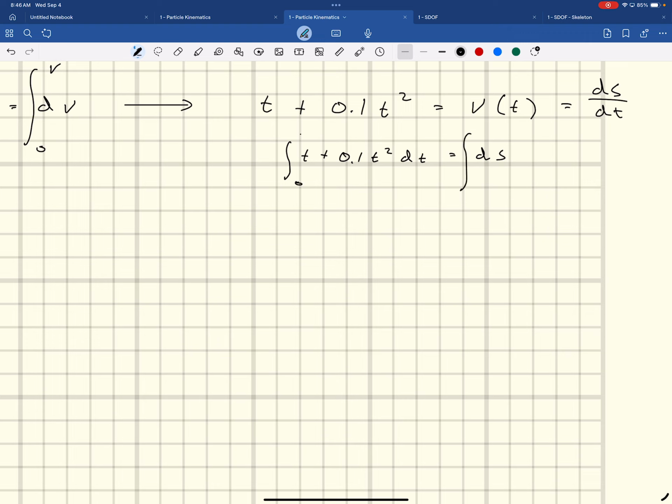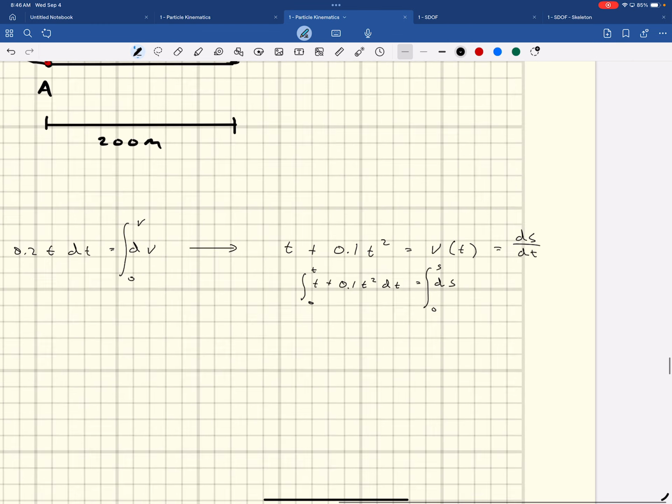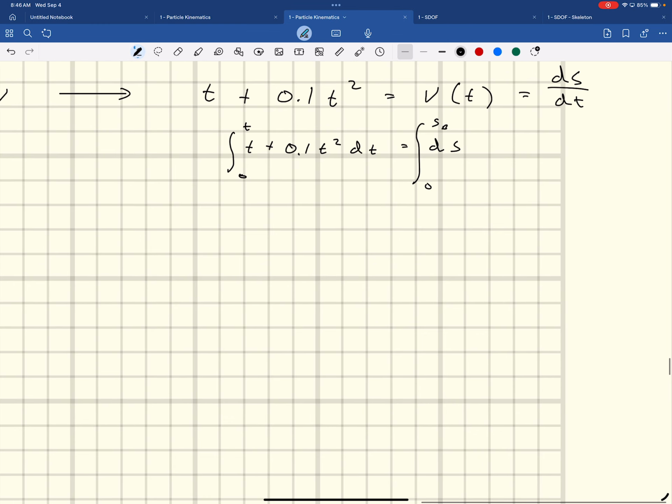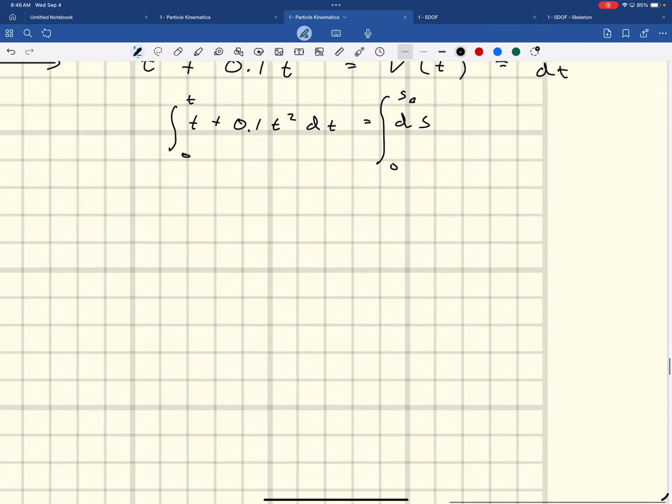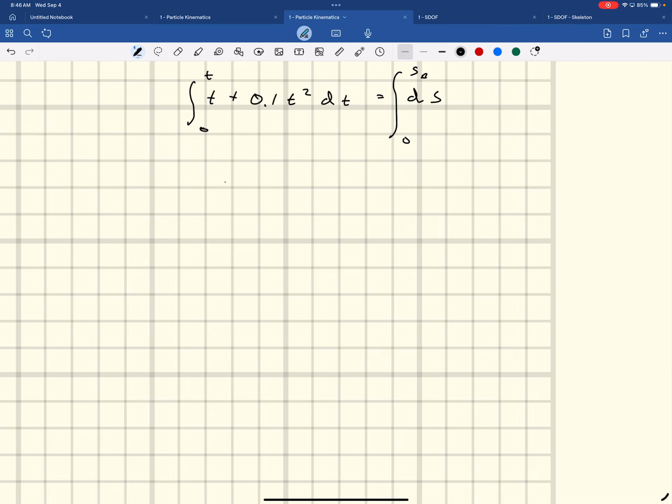This is going from 0 to t, and this is going from 0 to SB. We'll call it SB. And it's going from 0 to whatever the position is out at B. And so if I carried this out, it'd be t squared over 2 plus 0.1 t cubed over 3 is equal to SB.